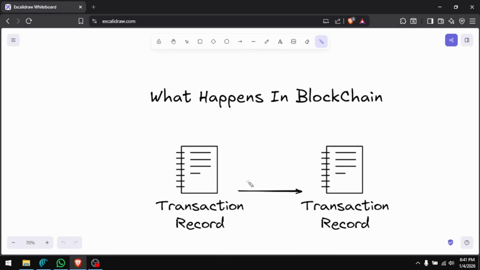In a blockchain, these notebooks are connected to another record. This makes the record more secure, so in case of any malfunction, the record stays secure and does not lose data.